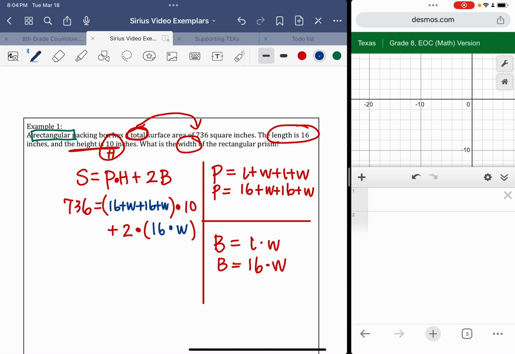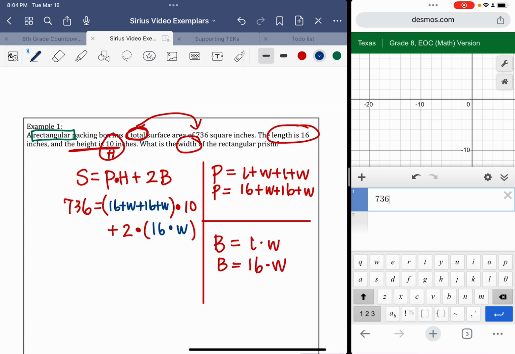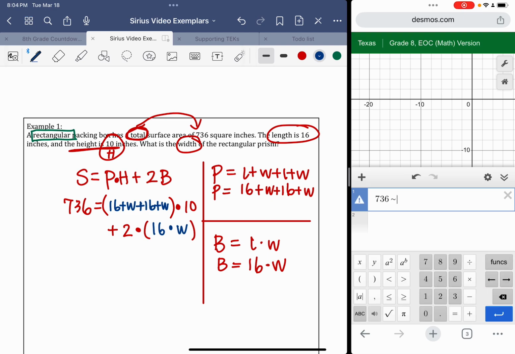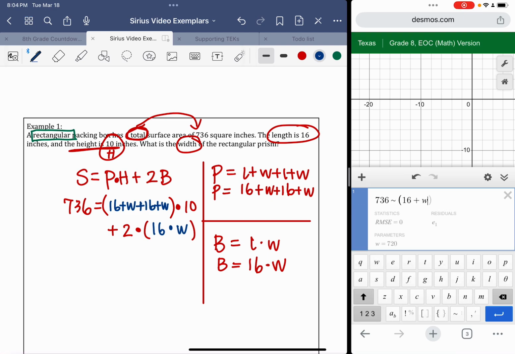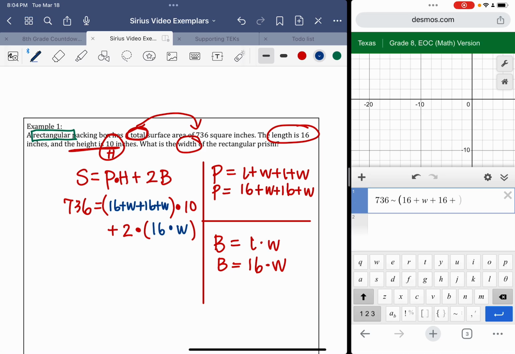And it's too long. How do we find the width? We just have to use your best friend, the calculator. Remember, this is an equation. We just need to solve for it. 736 and then equal sign. Since we're solving for an equation, which sign do we use? Similar to, right? And then parentheses, 16 plus width plus 16 plus width.